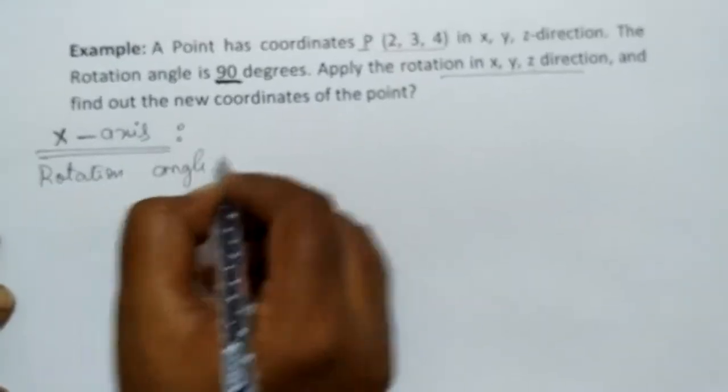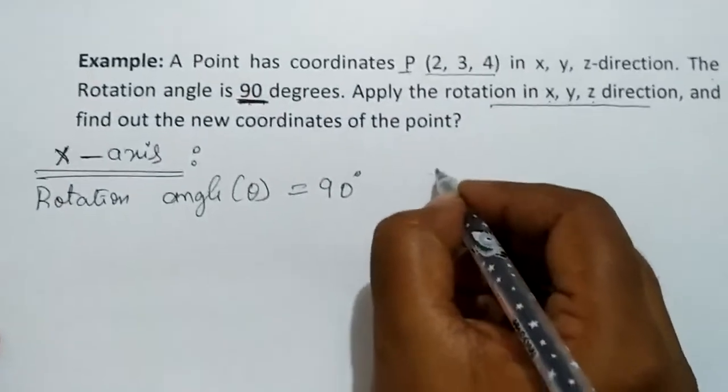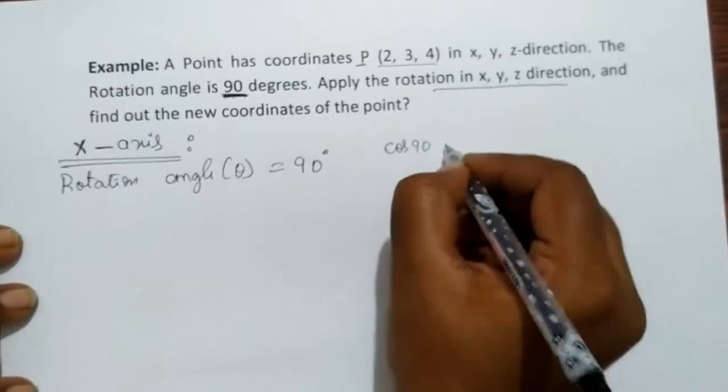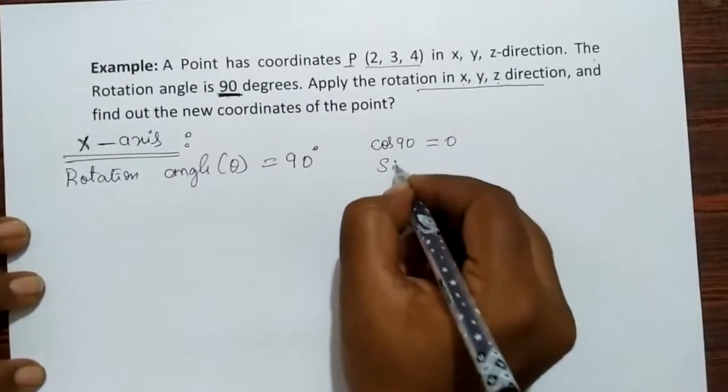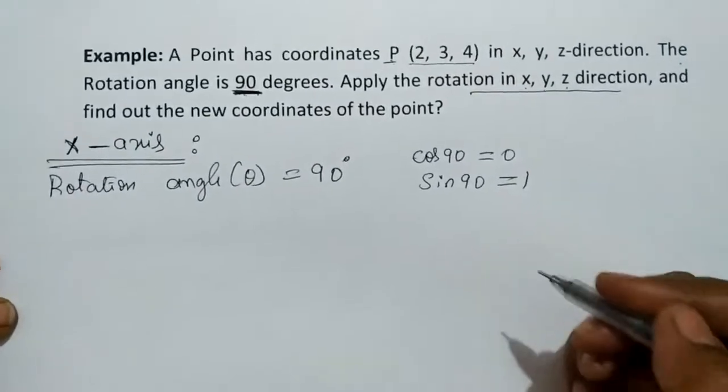The rotation angle, theta, they have given as 90 degrees. As per mathematics we know that cos 90 is 0 and sin 90 is 1. We require these two for doing this problem.